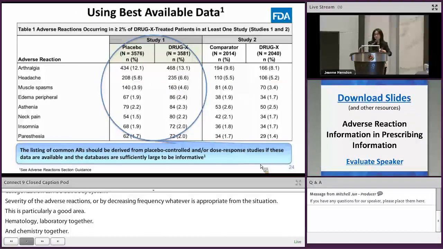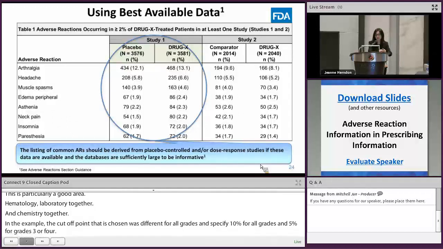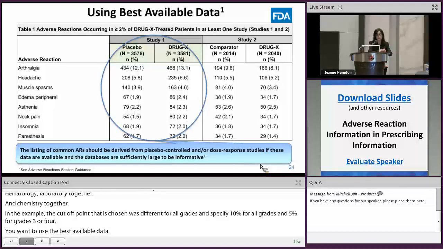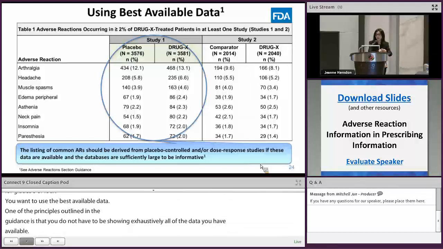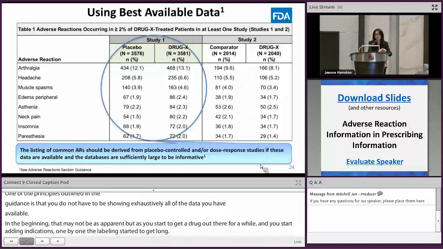Okay, you want to use the best available data. So one of the principles outlined in the guidance is that you don't have to be showing exhaustively all the data that you have available, because in the beginning that may not be as apparent, but as you start to get a drug that's out there for a while and you start adding indications one by one, the labeling starts to get very long, unnecessarily long. And so if you have already developed in your section 6 an adverse reaction listing, a table that is representative across the board, across various different indications, you don't need to repeat that.